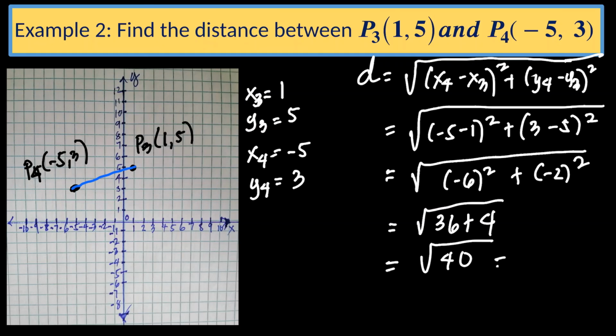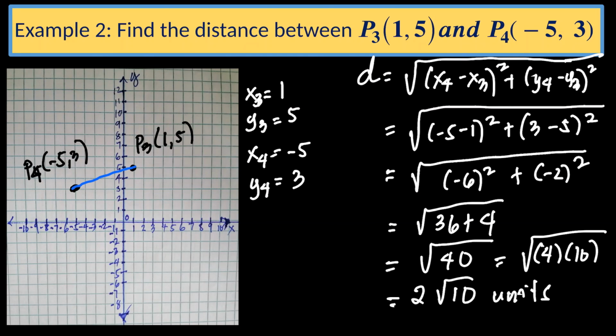There is a factor of 40 that is a perfect square, and that is 4. So we can have here 4 times 10. And the square root of 4 is 2. So that will give us 2 square root of 10 units. So this is the distance.